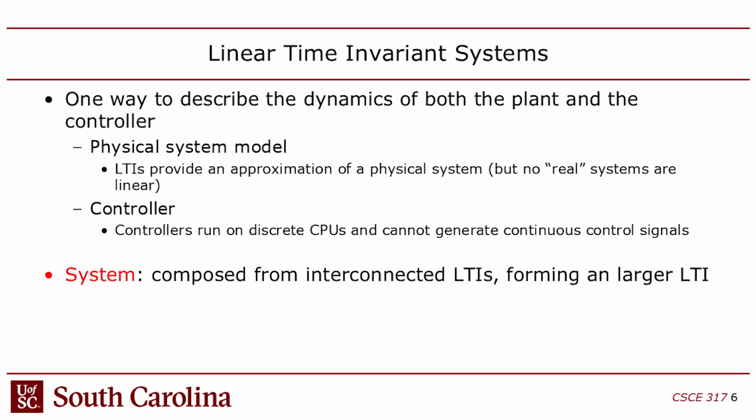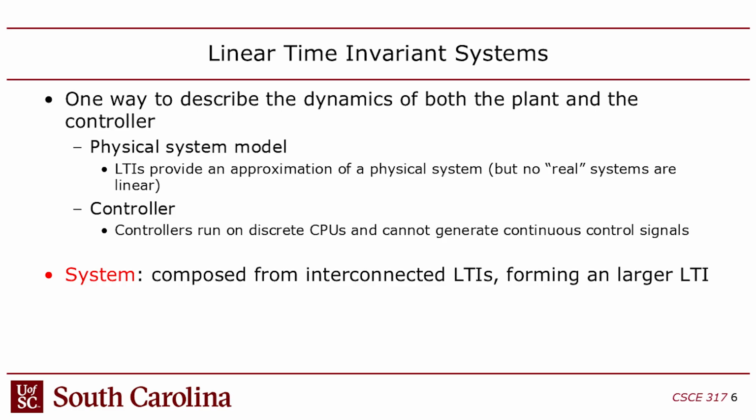Okay, so then we talked about how to model both the control system and the plant, and the basic way to do that is through a linear time invariant system. This is basically just an ordinary differential equation. An ordinary differential equation is an equation that has one independent variable, time. So basically you're dealing with signals that are changing with time.